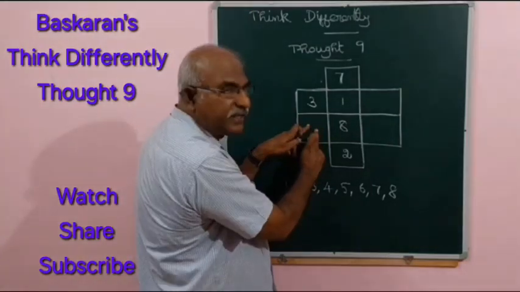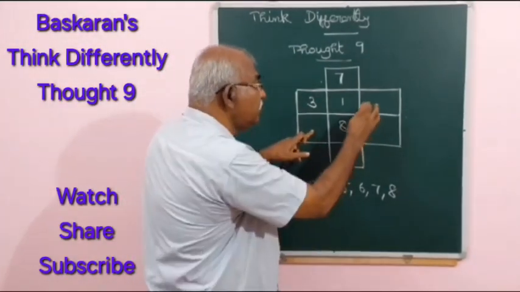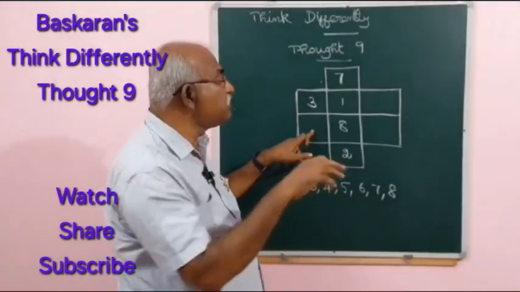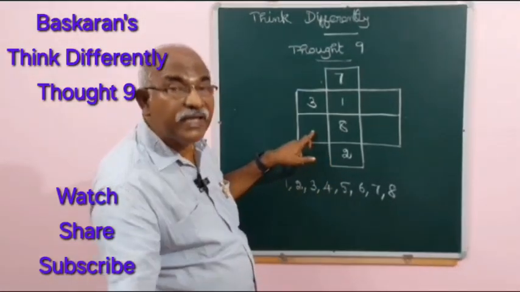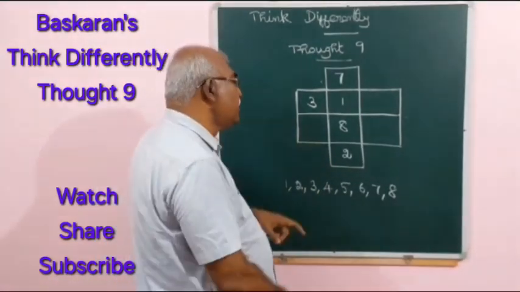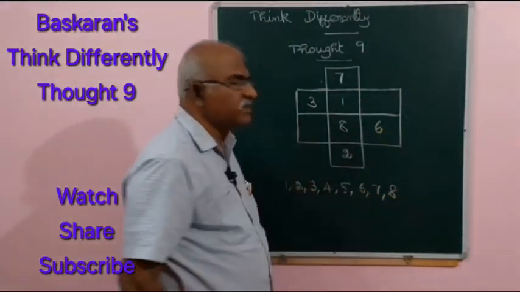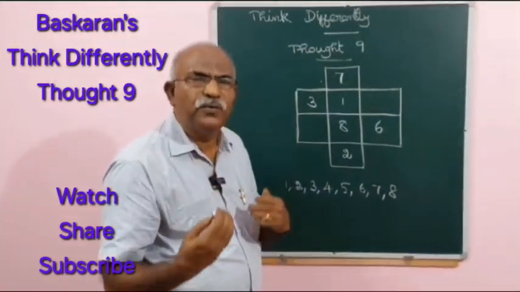If you put 6 here, then the remaining numbers 4 and 5 should come here, and the two successive numbers 4 and 5 will occur in two neighbouring squares. So you cannot put 6 here, therefore we have to put 6 here. Now 4 will find its own place.